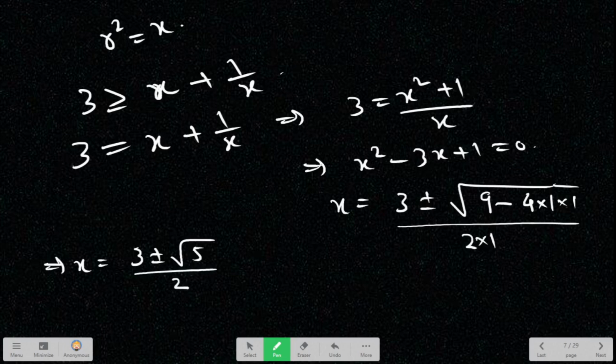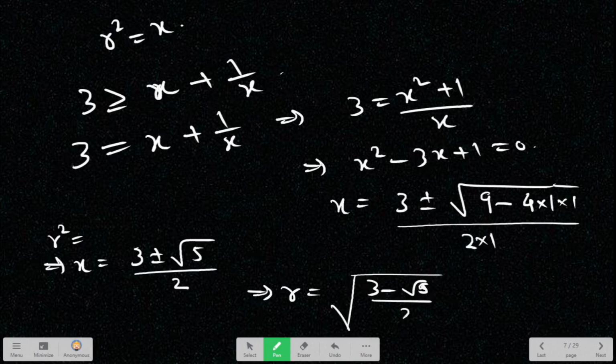X is R square, so R is equal to root of 3 minus root 5 divided by 2, or R is equal to root of 3 plus root 5 divided by 2.